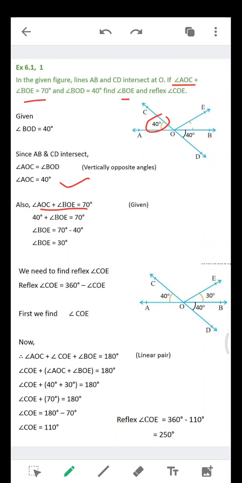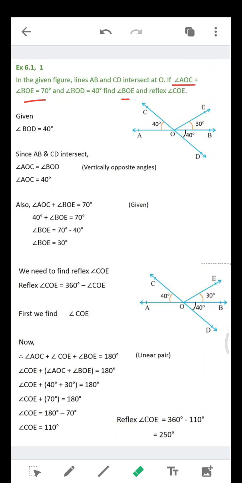BOE we don't know, so it stays as it is. So BOE will be equal to 70 minus 40, that is 30 degrees. So this way we get AOC is 40 and BOE is 30 degrees.